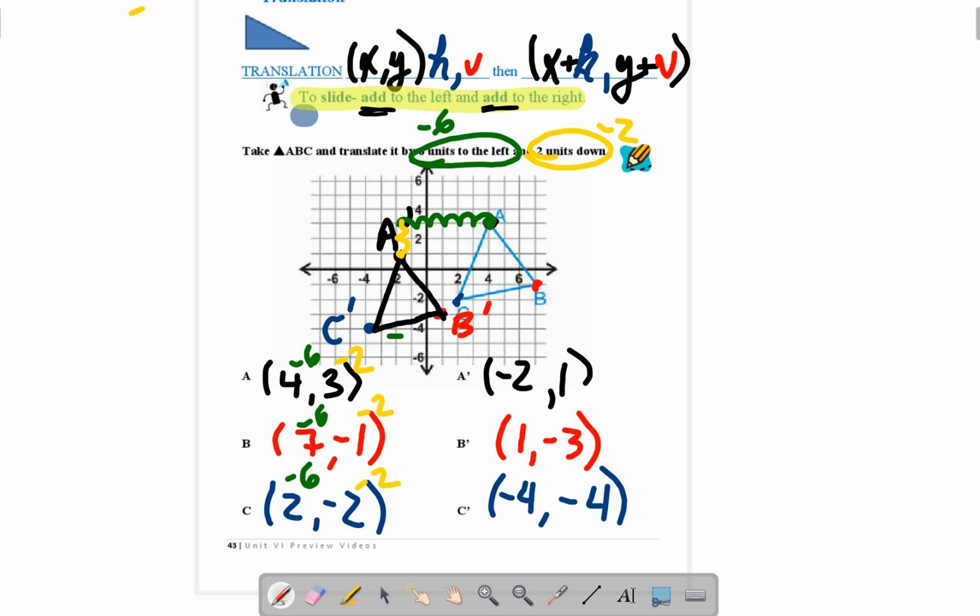Same point. See what's going on here? Let's do B. 6 units to the left. 2 units down. So you can see, you can do it algebraically, to slide, add to the left, add to the right, or you can simply physically bunny hop the translation and regraph your points.